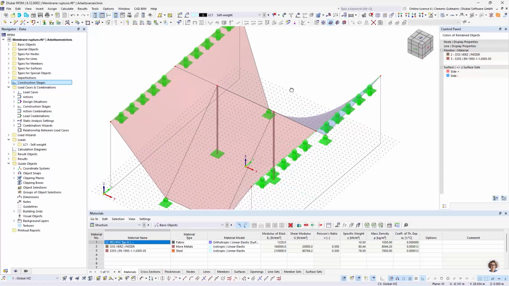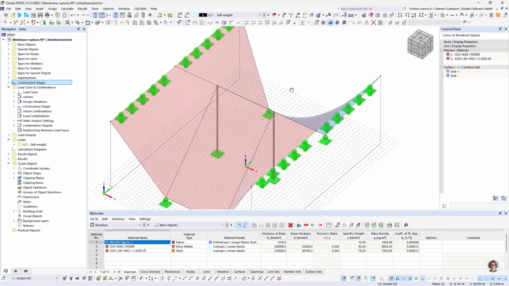There are, of course, several approaches depending on your model, which geometry you have. You have to think about how you can represent this. I'm going to do it in one way, but of course, you can think of a different way depending on your needs. So one important thing to notice here is that currently it is not possible to interact with the form found shape if the form found shape is created within RFEM.